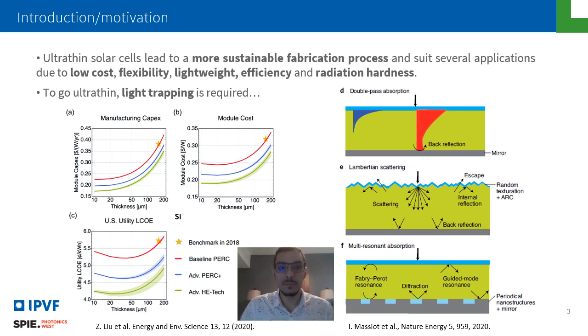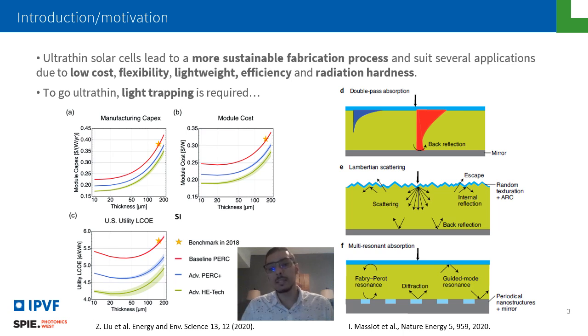On the right of the slide, we see three different approaches for light trapping. The first one is the simplest, with a backside reflector used after the structure, which allows for double pass of the light inside the structure.